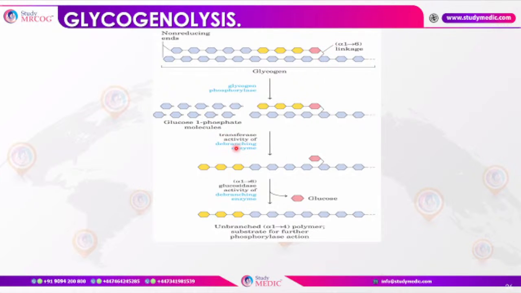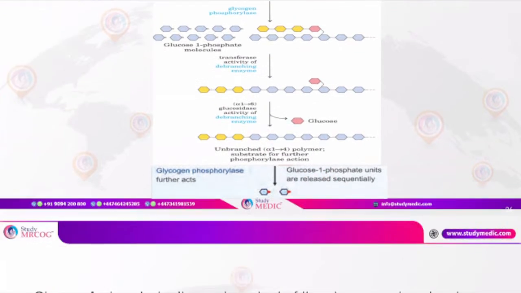Now you see, after the debranching enzyme activity, we are left with one single chain of the polysaccharide molecule. Now we want free glucose from glycogen. So glycogen phosphorylase will further come into action. It will again start chipping at these 1,4 bonds. So the glucose 1-phosphates are again sequentially released.